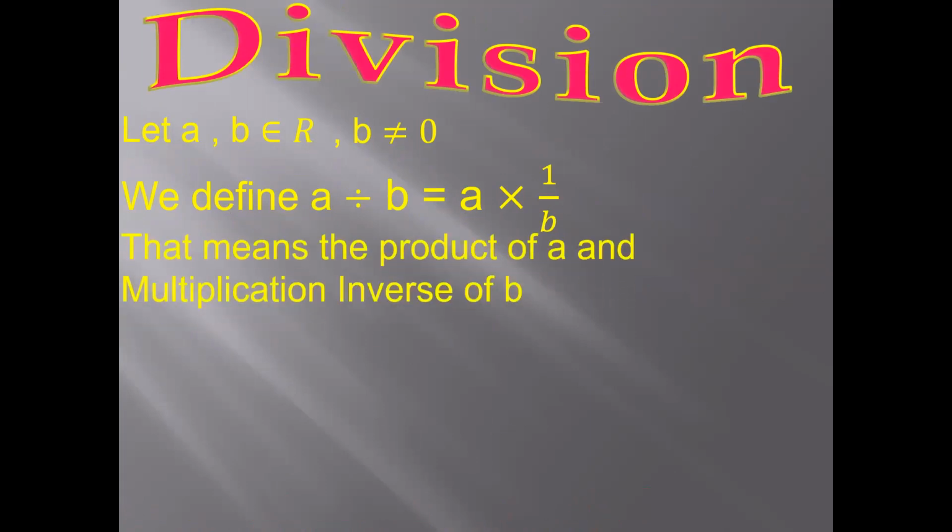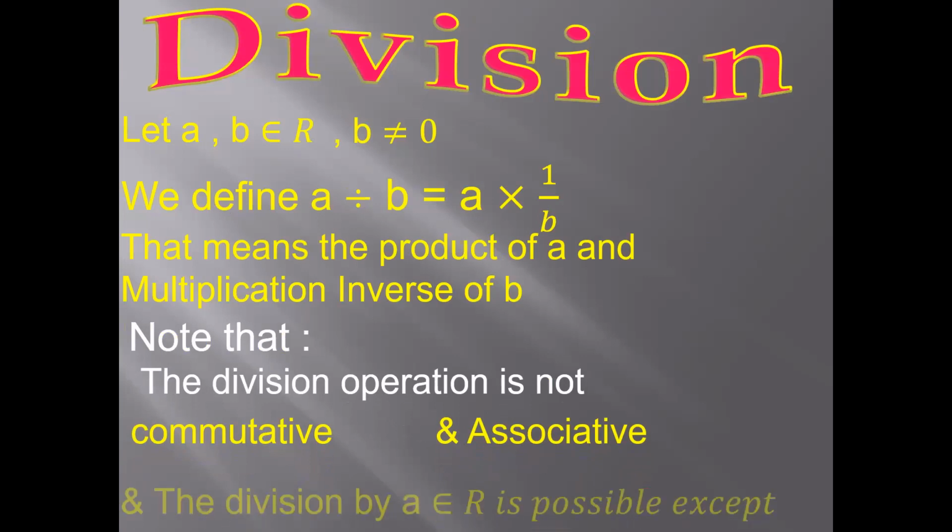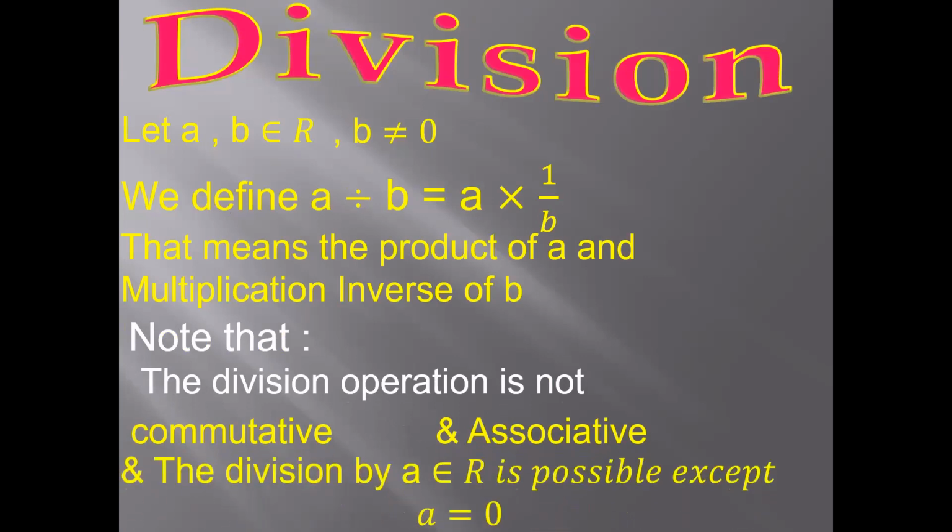It will be a times 1 over b equals a divided by b, the product of a and the multiplicative inverse of b. Note that the division operation is not commutative. I can't apply the commutative property or the associative property with division. The division by a belongs to R is possible except when a equals 0.